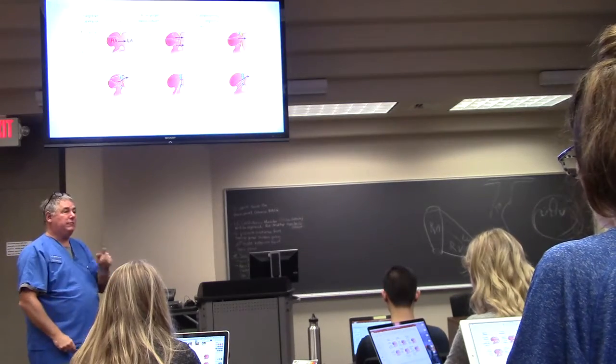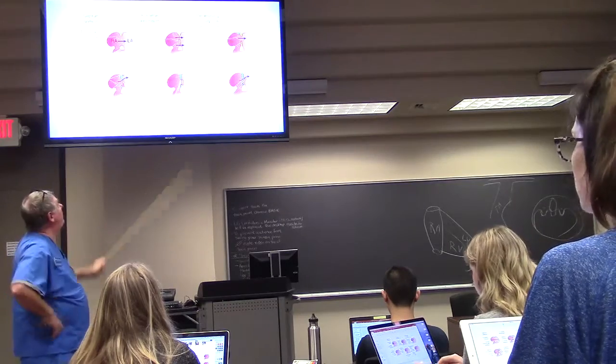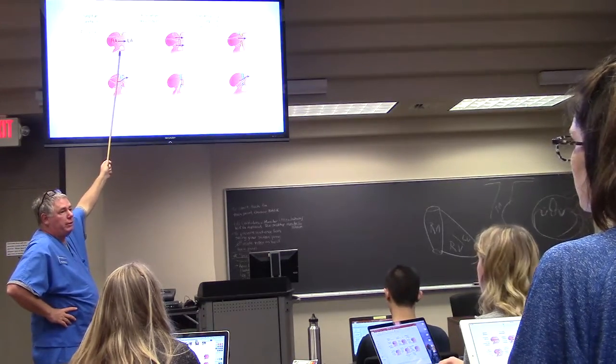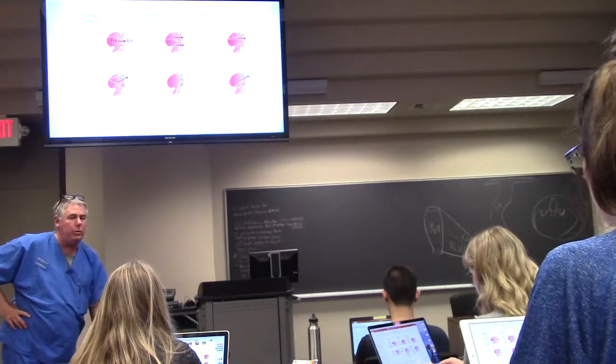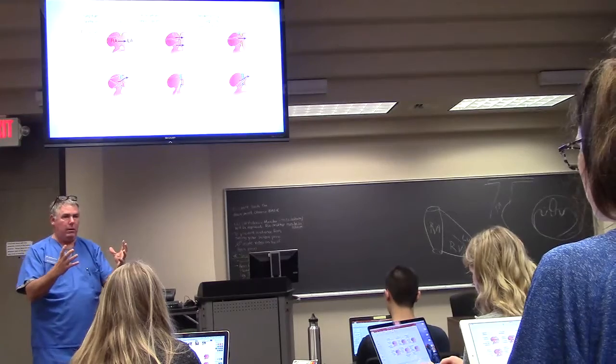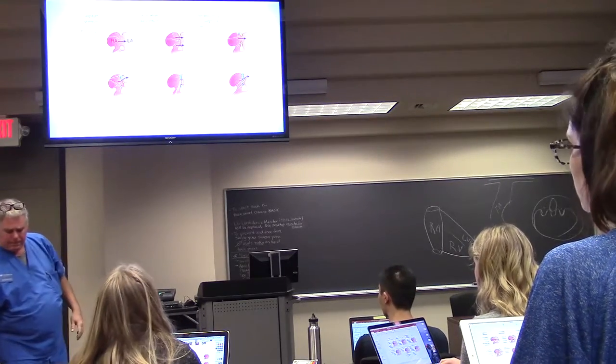The process for doing that starts out with two things. One thing you need to be aware of is this thing right here called an endocardial cushion. So let me back up.